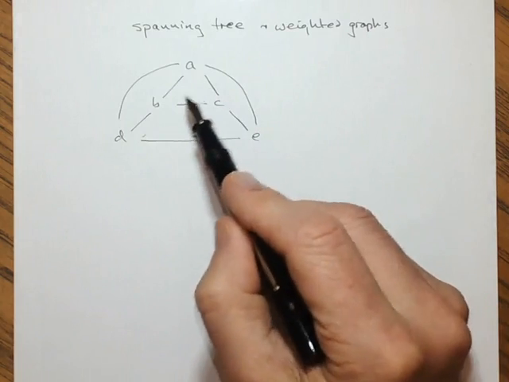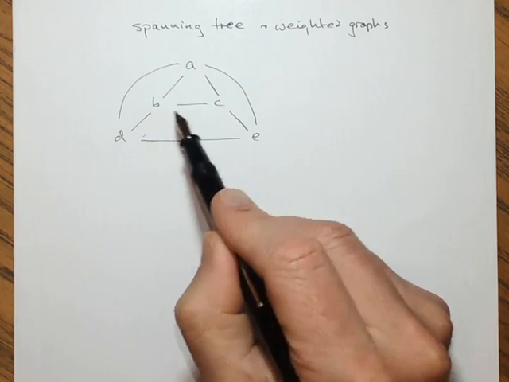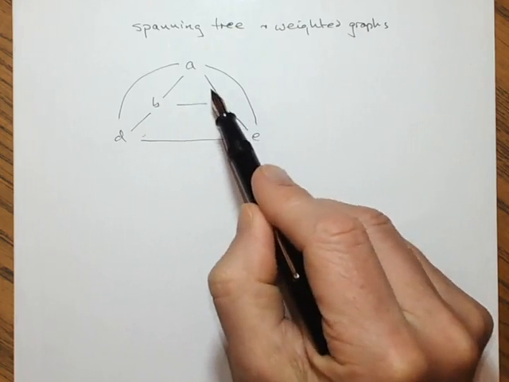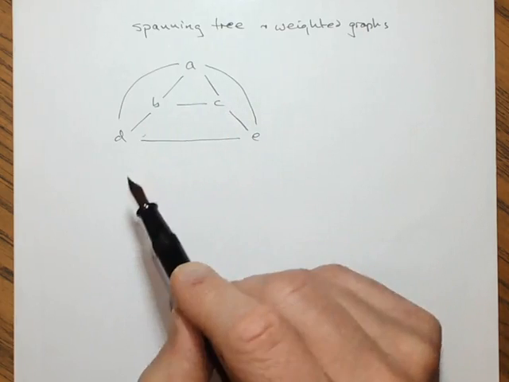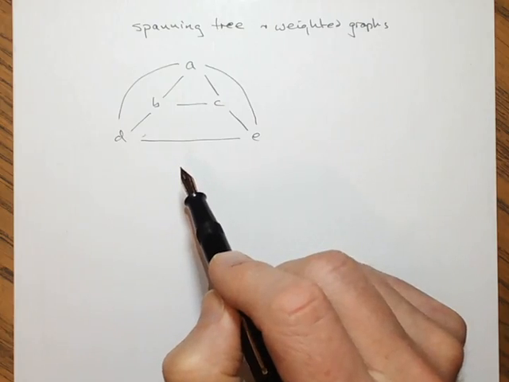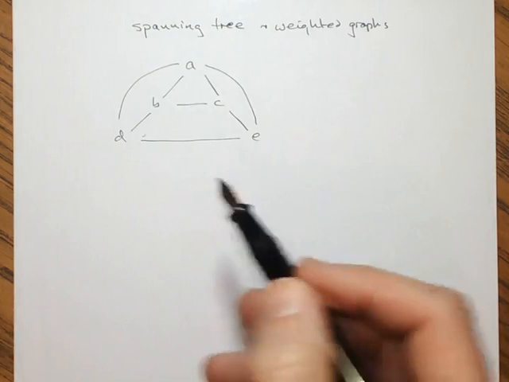It goes back to the 1930s in Czechoslovakia, where they were looking at towns and building high-powered electrical transmission lines between them, and deciding what's the cheapest way of connecting all of those cities with each other.